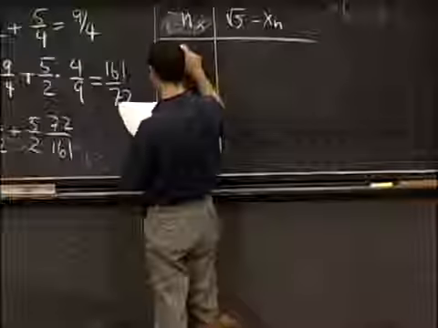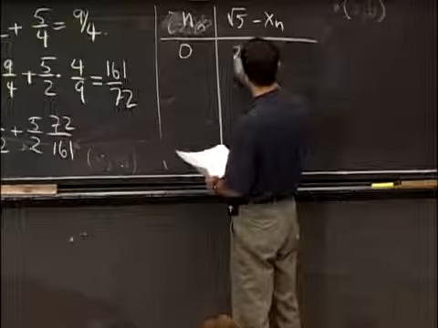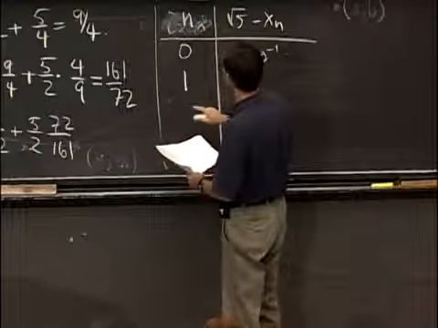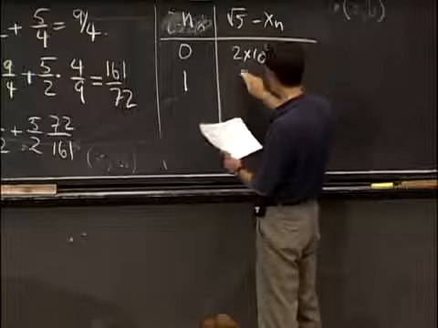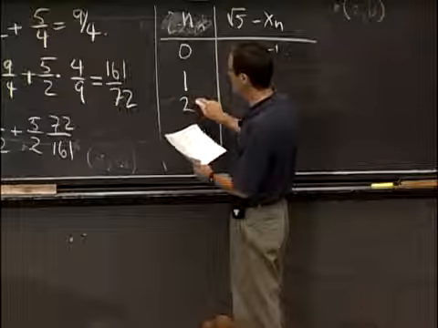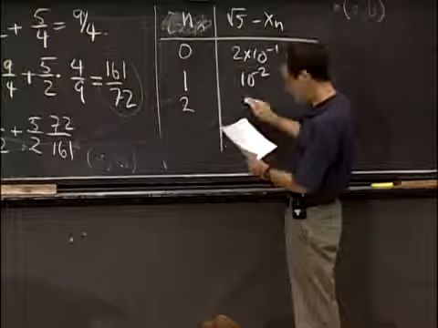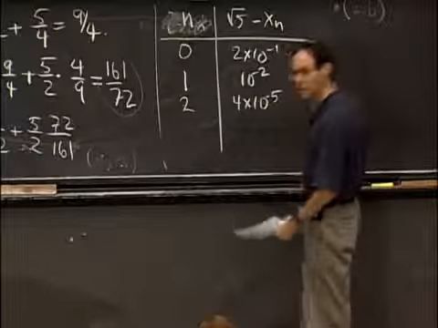So when n is equal to 0, the guess was 2, and we're off by about 2 times 10 to the minus 1. And if n is 1, that's this 9 fourths, that's off by about 10 to the minus 2. And then n is equal to 2, that's this number here, and that's off by about 4 times 10 to the minus 5.